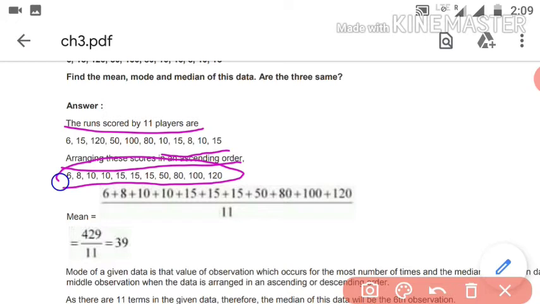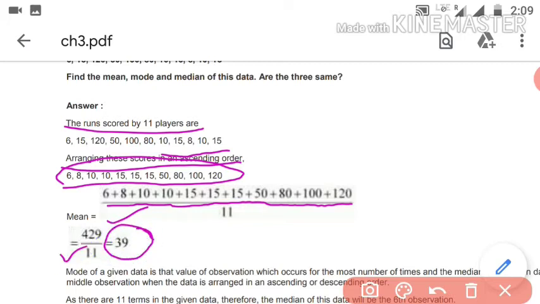So mean is equal to the sum of all the numbers: 6 plus 8 plus 10 plus 10 plus 15 plus 15 plus 15, again plus 50 plus 80 plus 100 and plus 120, divided by 11 because there are 11 players. If you add all these numbers, how much do you get? 429. 429 divided by 11, you will get 39.